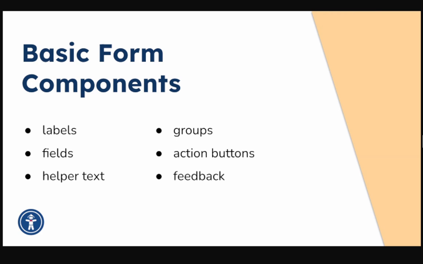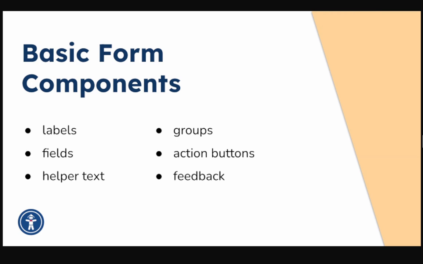We also have helper text. So these are additional text aside from the labels that adds more explanation on, for example, the format of the information. So if the field is asking for a phone number, a helper text can provide information on the format that is accepted by the form.